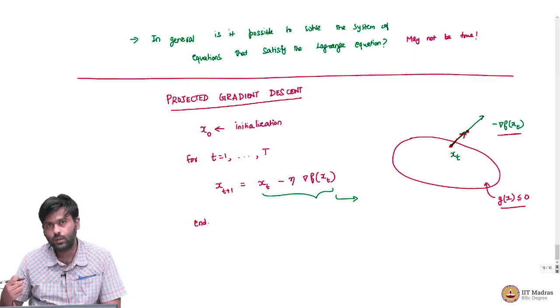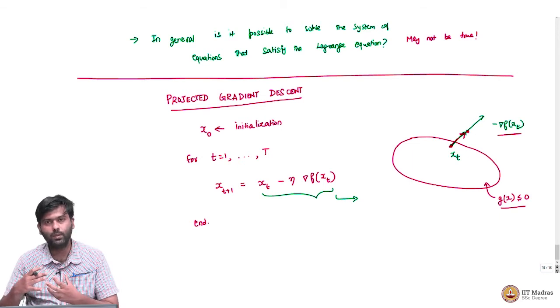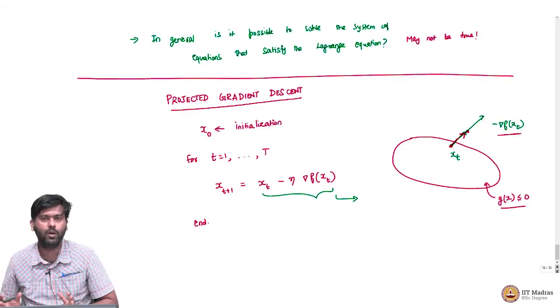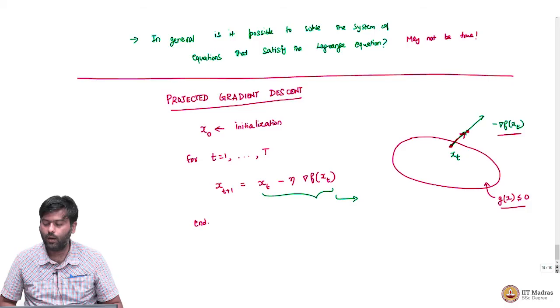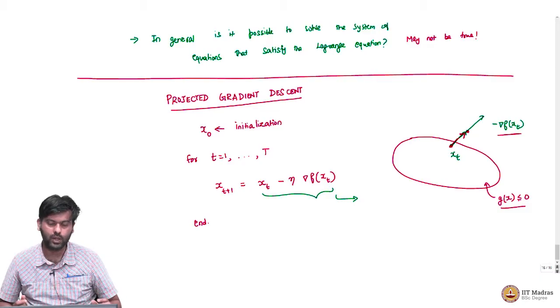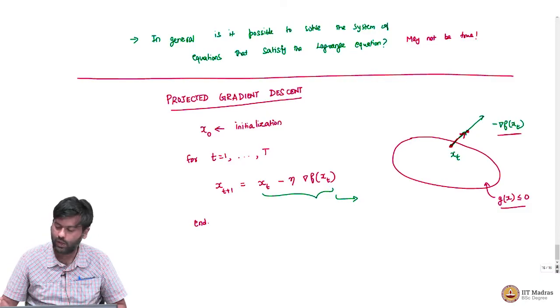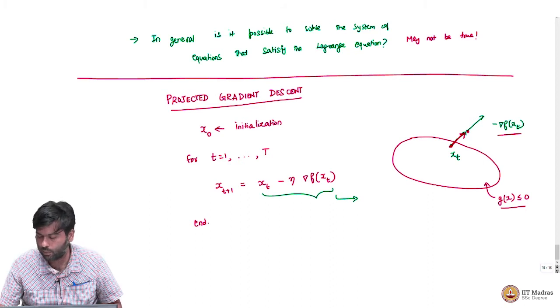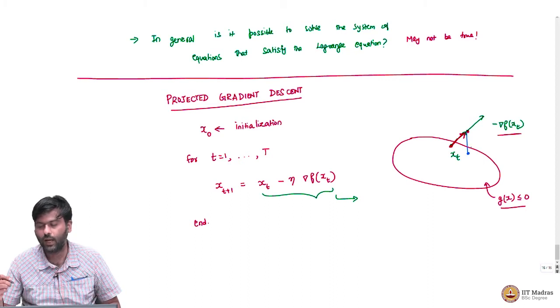Now, it is very hard to tune step sizes to always remain within the feasibility set, because that is a property that will intimately depend on the property of the feasibility set and so on. On the other hand, what we could do is take a gradient step, and I might potentially go out of the feasible region. After taking this gradient step, I will come back to my feasible set by projecting the point where I end up onto the feasible set.